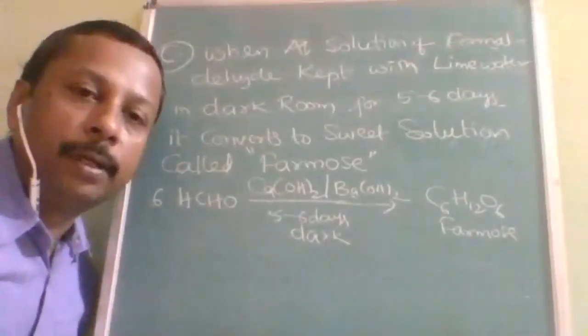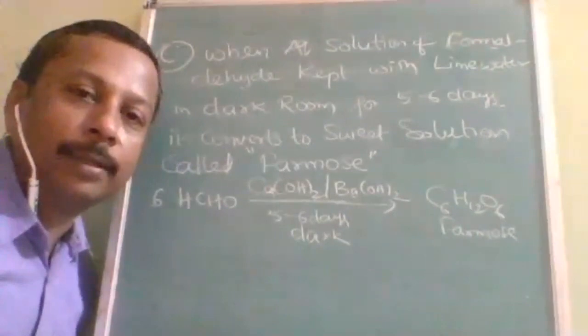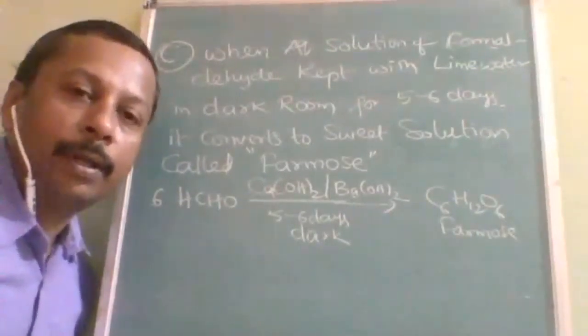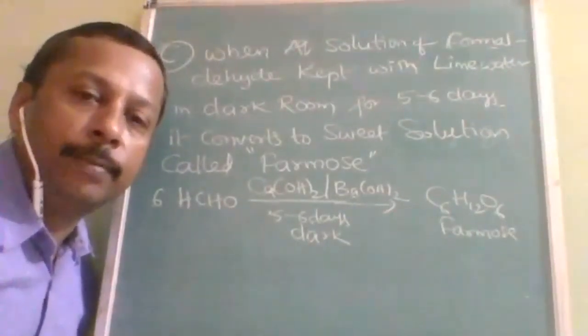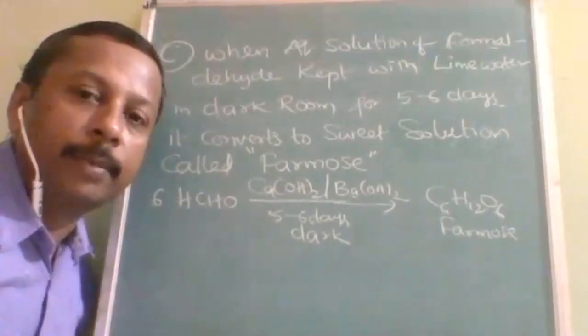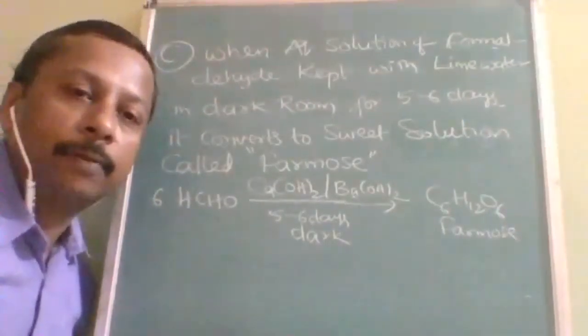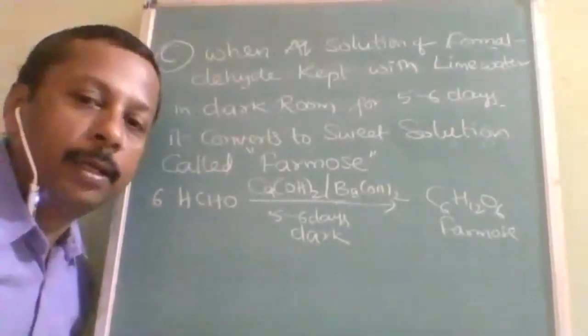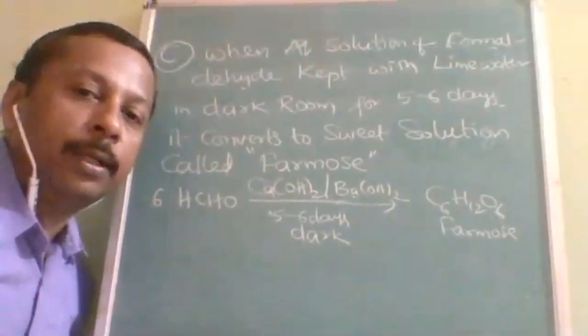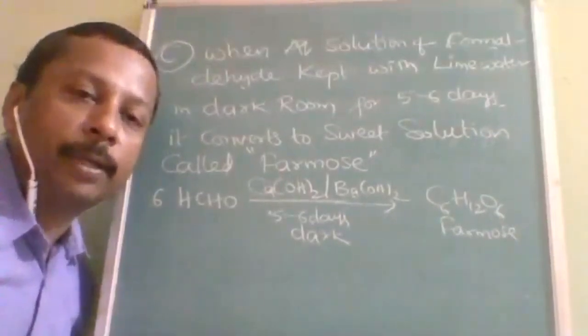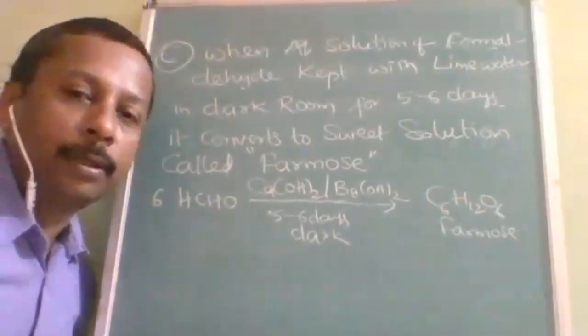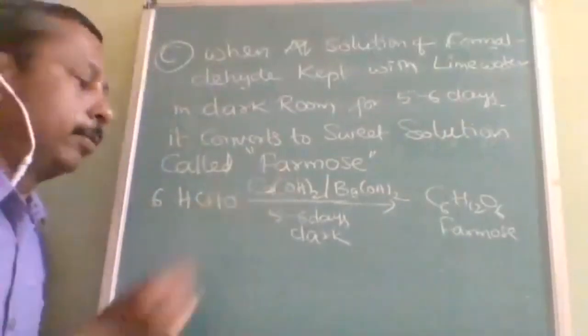First on heating, second at room temperature, third in a dark room. The first happens immediately, and this one will take 5 to 6 days. The first is paraformaldehyde, the second is metaformaldehyde, and here it is Formose. It is a sweet solution, a sugar only, called Formose.